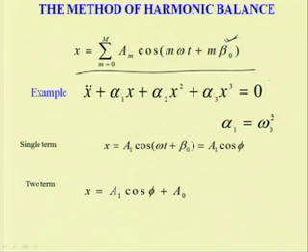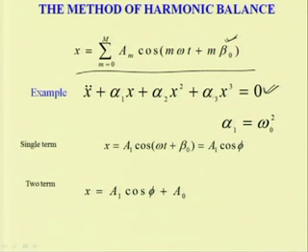Last class we studied this method by taking this example of x double dot plus alpha 1 x plus alpha 2 x square plus alpha 3 x cube equal to 0. One can take a single term or two terms or multiple terms, depending on the complexity of the problem.